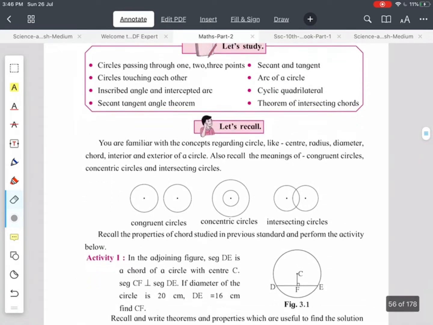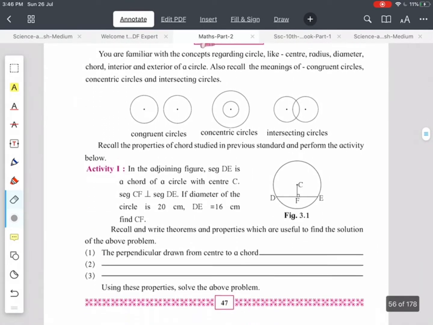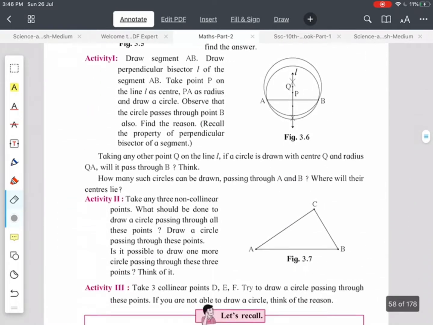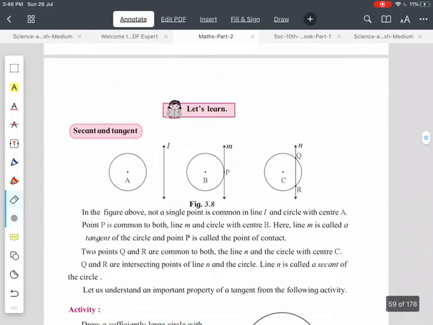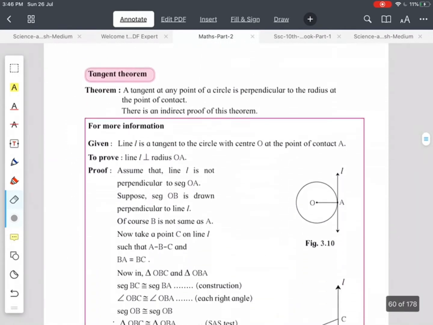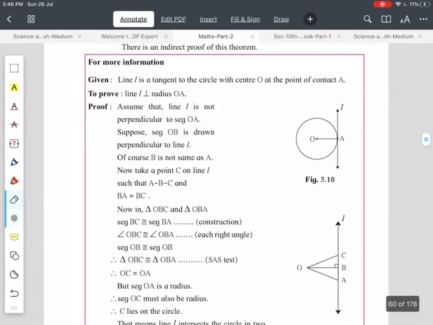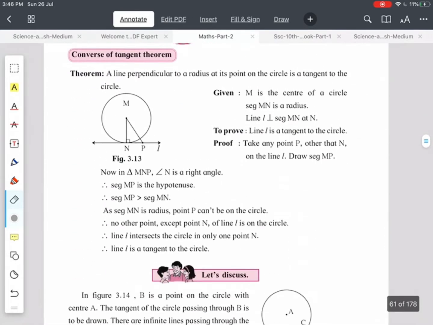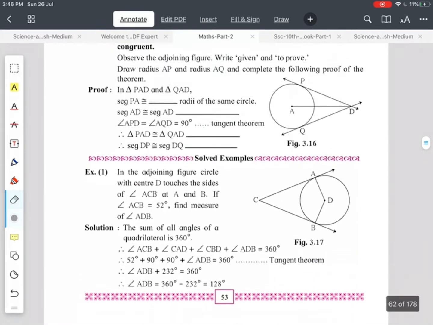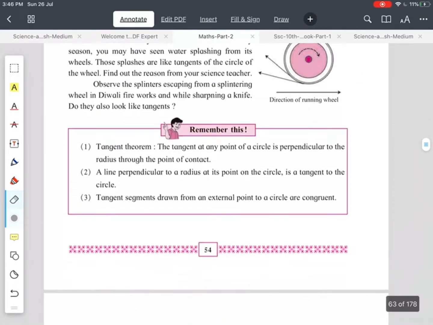Next, the third chapter, circle, an important chapter. Basic concepts like circles passing, touching internally and externally are there. Important theorems like the tangent theorem are there. The converse of the tangent theorem and the tangent segment theorem, which is important, are there.